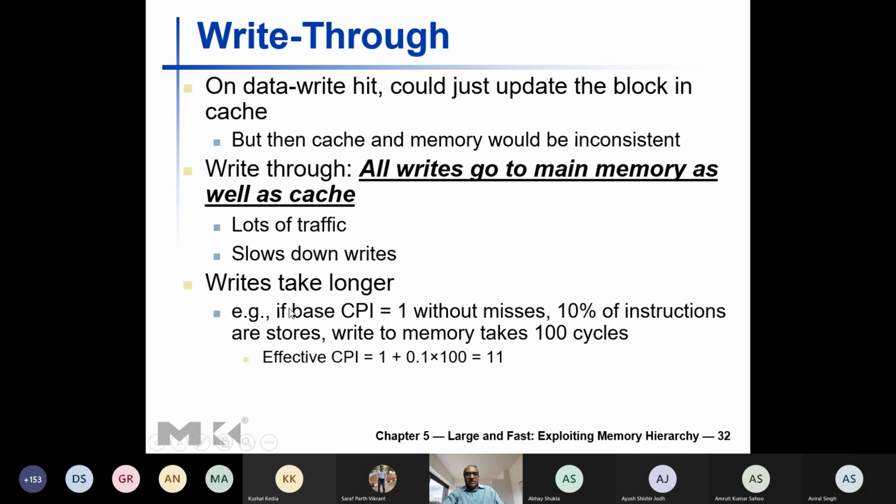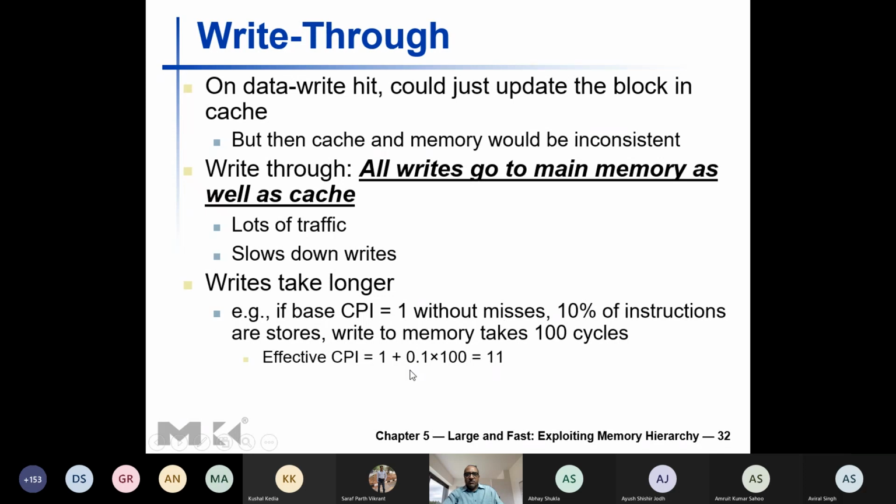So if you put it all together, normally it takes only one cycle, but if you want to write into the cache, to maintain data consistency it requires 100 cycles through the write through policy. With that, the effective CPI will be 11 cycles. One is for normal execution, and for writes, or even misses, you have to access the main memory, which takes about 100 cycles.